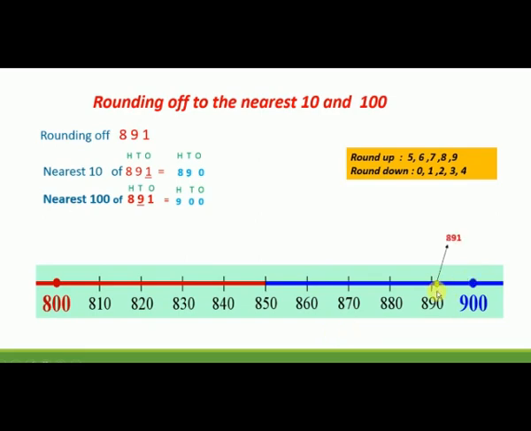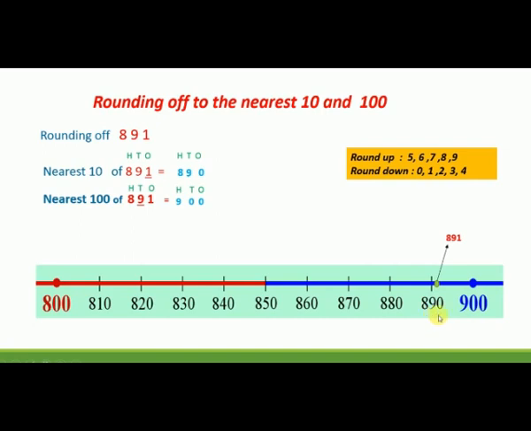It comes after 890, isn't it? Can you see that 891 is nearby 890 or 900? Yes, so the nearest 10 is 890.